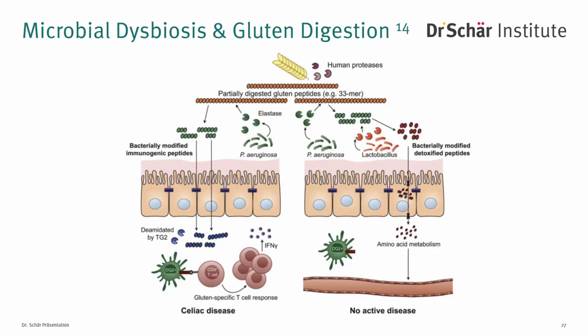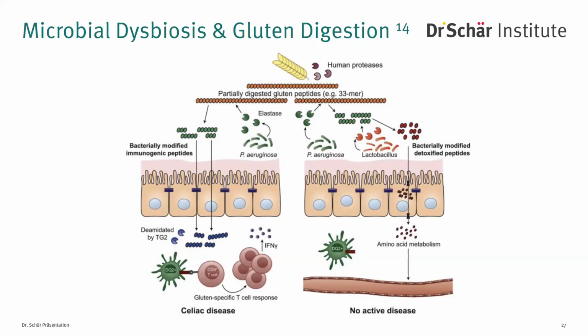On the other hand, studies show that P. aeruginosa modified gluten peptides can be further detoxified by beneficial bacteria, such as the lactobacillus species. The metabolic activity of lactobacillus may mitigate this immune response and be beneficial, and you can see this on the right side here. By incubating partially digested gluten, Lactobacilli strains decrease its immunogenicity to gluten-specific T cells from celiac disease patients.